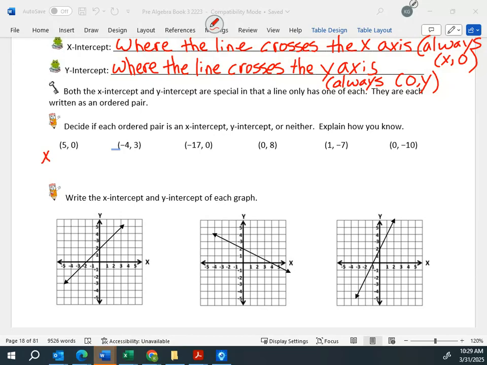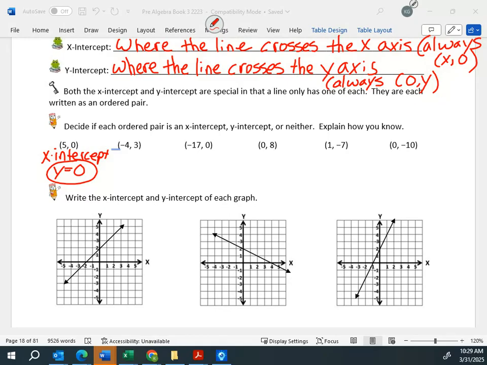How would you know that it's the x-intercept? Yeah, that y equals 0. That's how we know. So when it says explain how you know, you need to put how we know that that's an x-intercept. You can't just write x-intercept. You put the y equals 0.